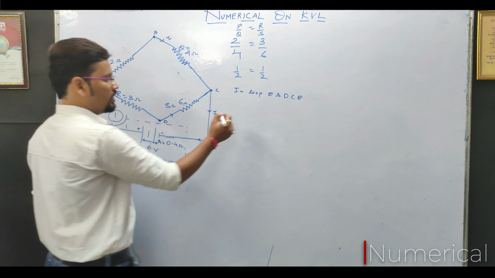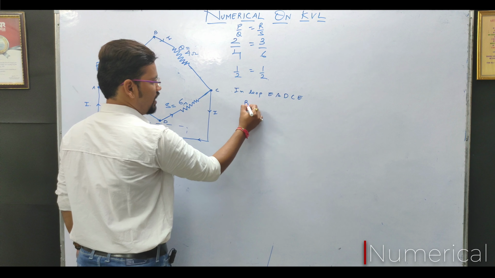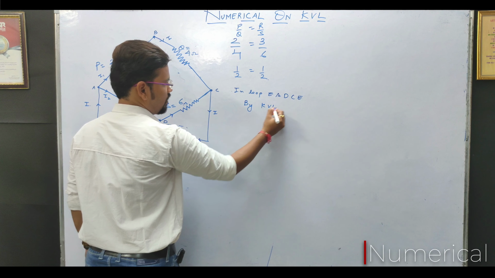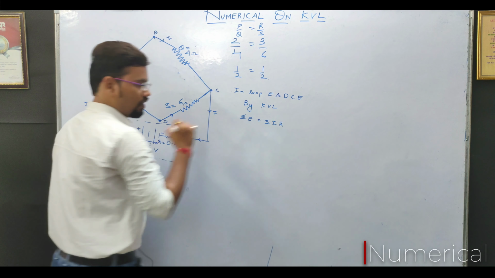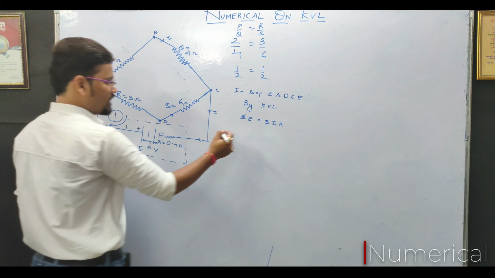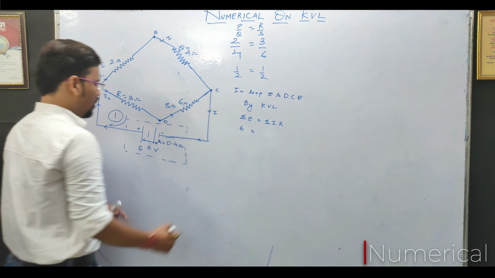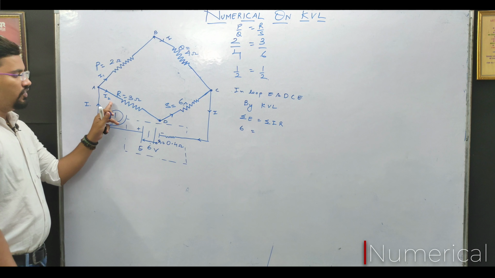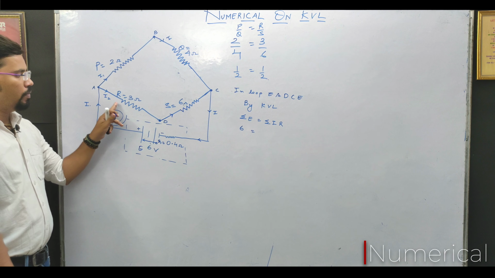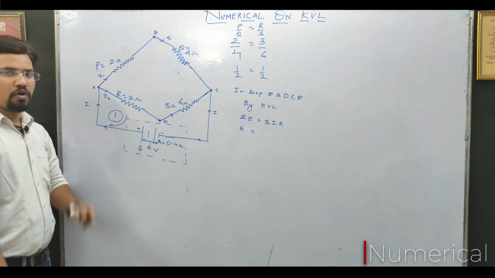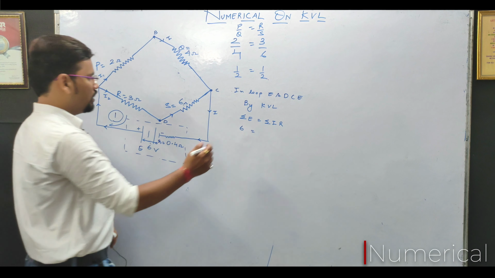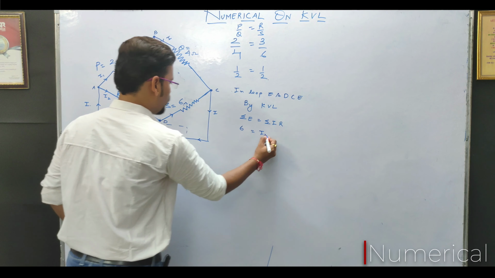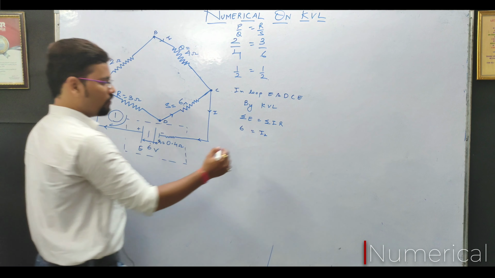So 6 volt. Now by KVL, sigma E will be equal to sigma IR. E is 6 volt in this loop. Now 3 resistances are coming in this loop, R, S and this small internal resistance small r. In R, I2 current is going, so I2 into 3.